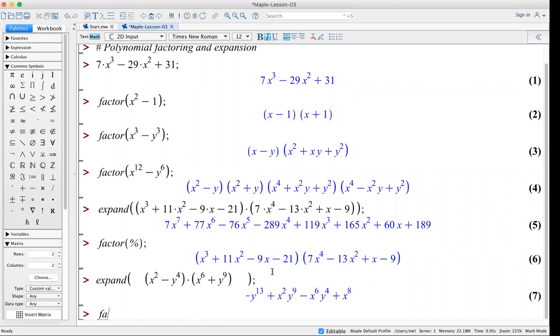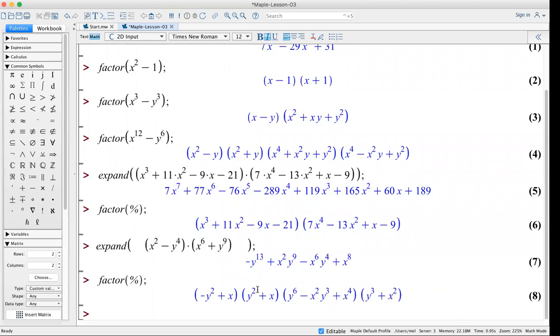And suppose I want to factor that and see what happens. Ooh. You might say, I multiplied these two and got this polynomial, but when I factor this polynomial, I didn't get back this expression. I got something like this. And the reason is that Maple is thorough. It factors as much as possible.